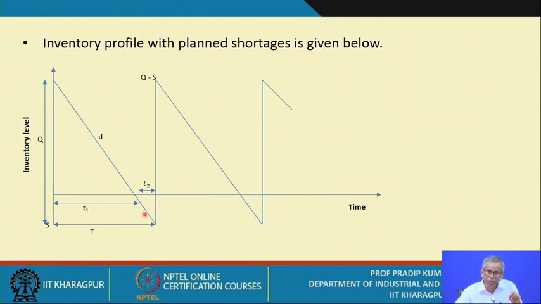That means the demand remains even if you are unable to fulfill it, and during this time period T2, obviously there is the shortage. Is it okay? So T1 is the time period during which there is no shortage, whereas T2 is the time period where there is a shortage, and the order cycle is T, and this cycle repeats. So this is the presentation of the inventory profile.